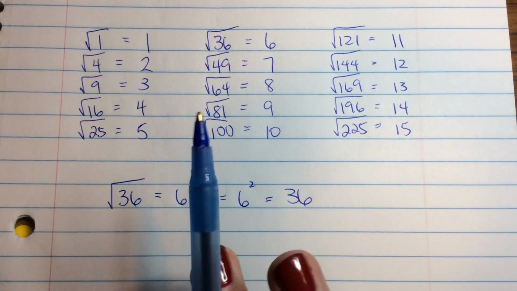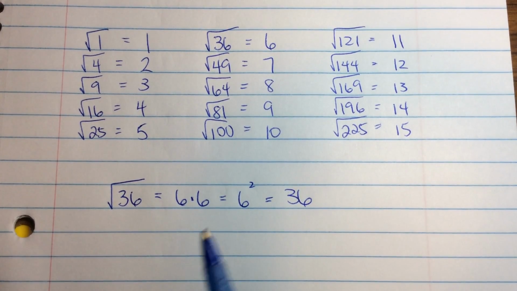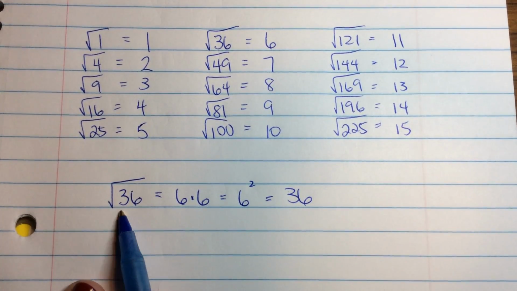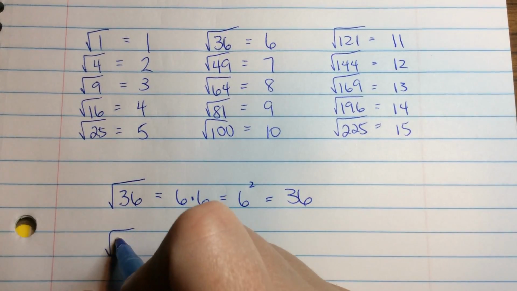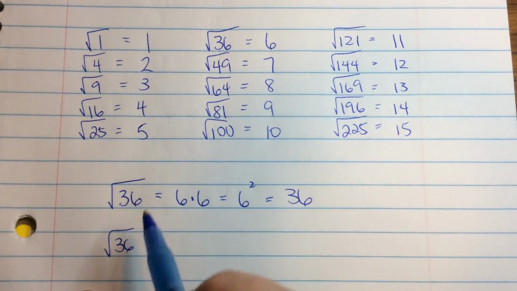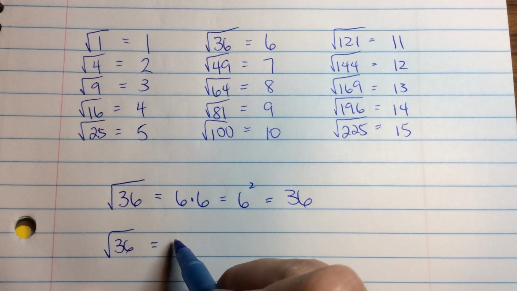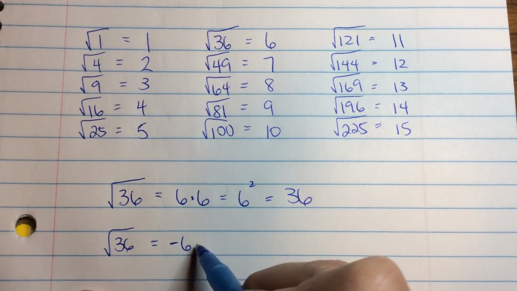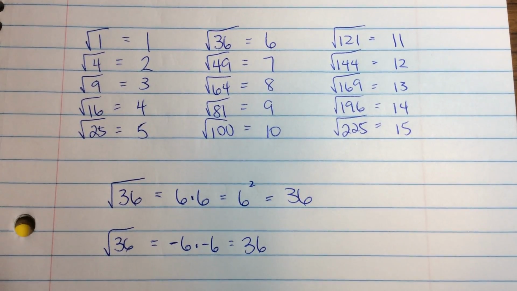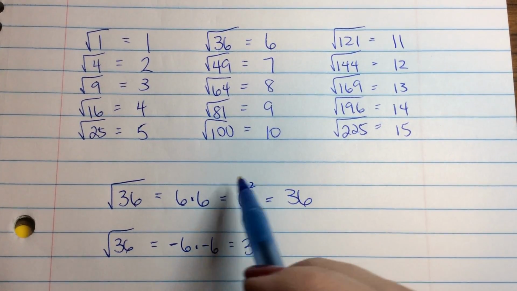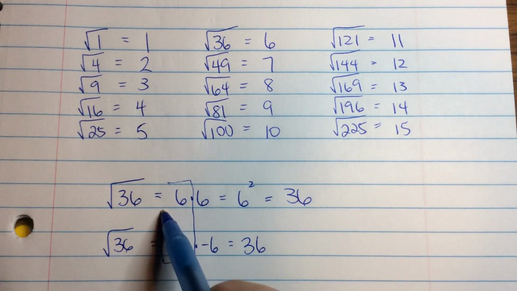And so you have to know one to know the other. But the interesting thing is the square root of 36 could be negative 6 as well. Because watch, negative 6 times negative 6 gives me 36 too.